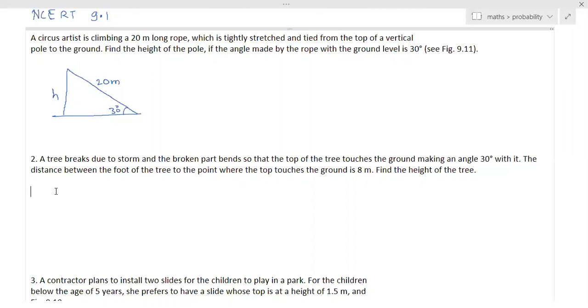Yes, tan 30 to use. But you have to find the height of the tree. They have not told us where it was cut, so should we use cos 30 also? Yes, that's what I want to tell you. The height of the tree they have asked means the full original height of the tree. So that is the part from where it was cut as well as the upper part. So the sum of both you have to find out.